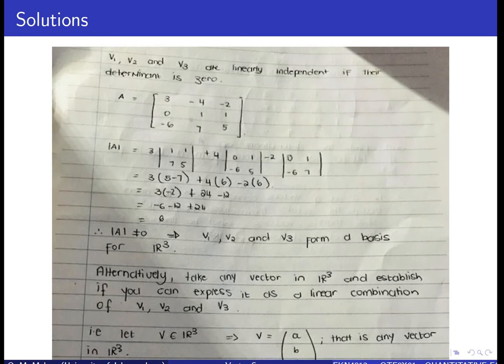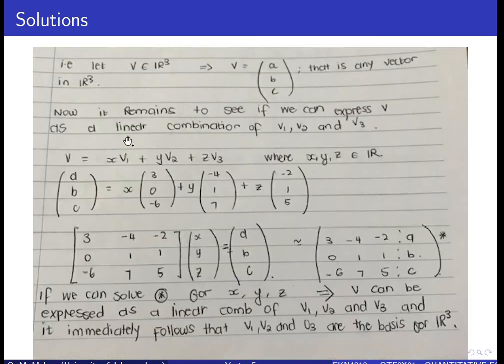Alternatively, you can take any vector in R3 and establish if you can express it as a linear combination of V1, V2, and V3. My text got cut here, so the answer continues on the other slide. If I take any vector in R3, I don't care what it is.